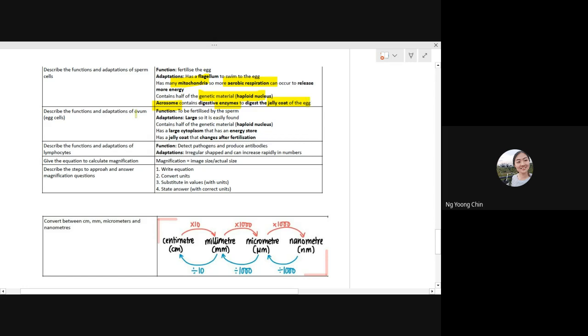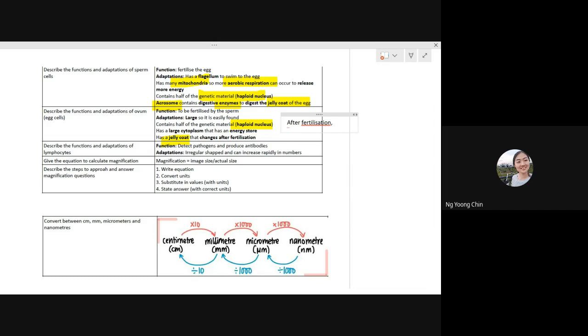So how about the ovum? The ovum also has a haploid nucleus inside it. It has the jelly coat surrounding the ovum. After fertilization, the jelly coat will harden. After fertilization means that once a sperm successfully penetrates into the ovum and fuses with it, they produce what we call a diploid zygote.